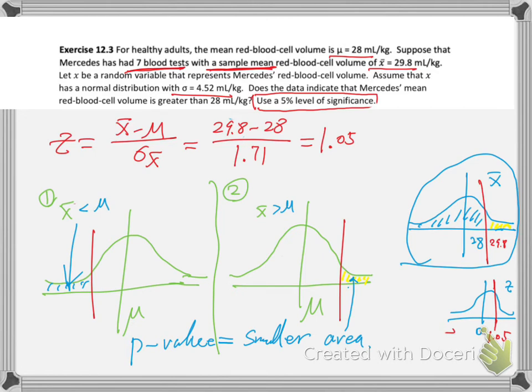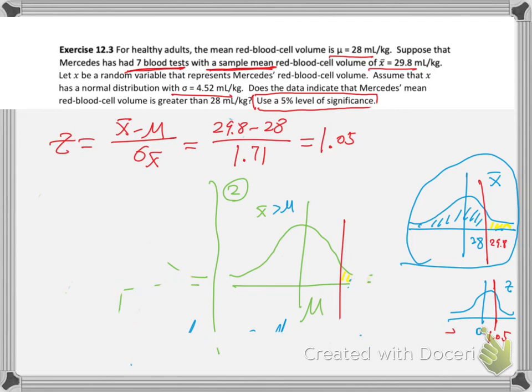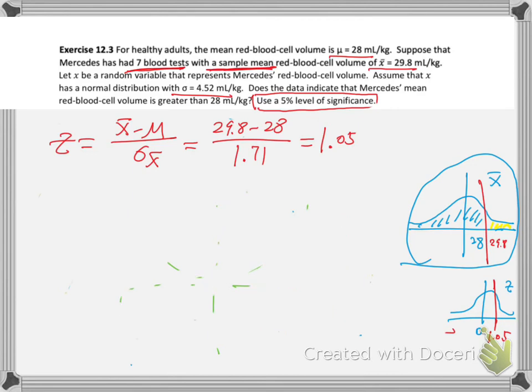So now let's write down the p-value part. For this particular question, we know the p-value is the yellow area to the right. So the p-value is the probability; look at the x picture, the yellow part.